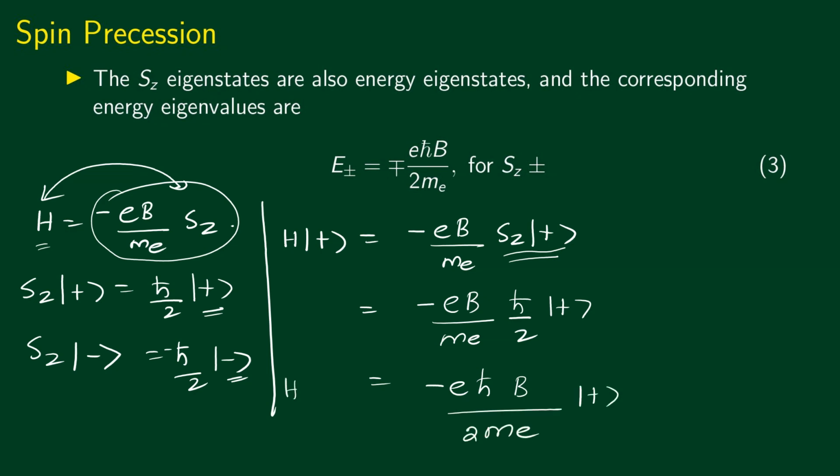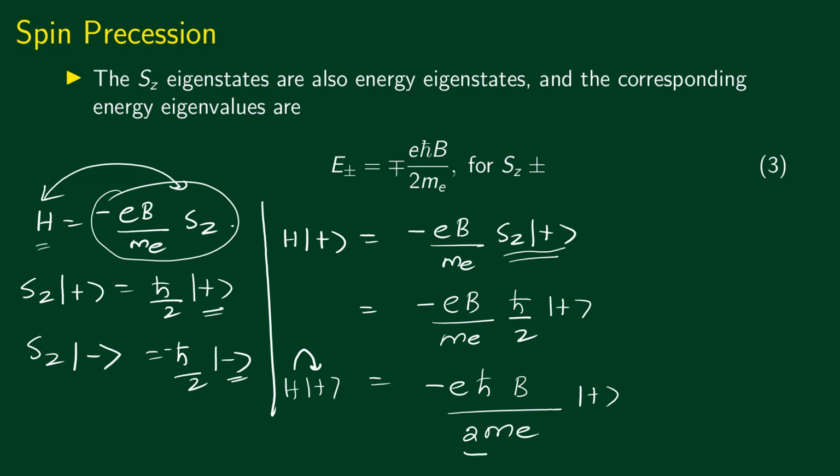So H acting on ket plus gives you minus E h bar B divided by 2 ME multiplied by ket plus. So we see that the Hamiltonian acting on ket plus does not change the state, it just multiplies the state by a constant.